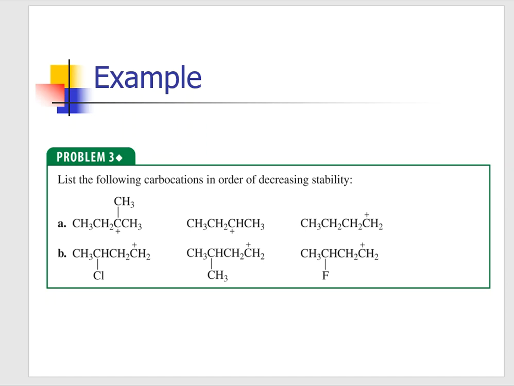And this question is going to say, okay, list the following carbocations in order of decreasing stability. Okay, so what they mean is that they want the most stable, and then they want you to work yourselves down to the least stable. That is decreasing stability there. All right, so the way that I answer these types of questions, I'm looking at carbocation ranking.